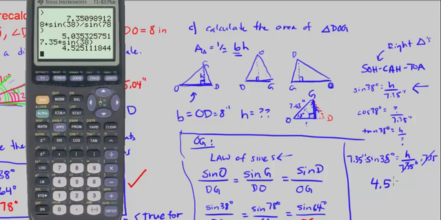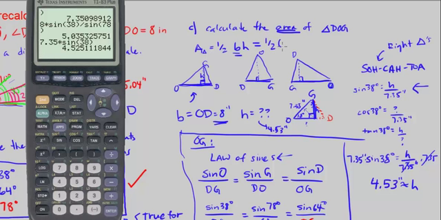So that 5 rounds the 2 to a 3, so 4.53 is our approximate value for H. Okay, so we have H, but we're not done yet. We're trying to calculate the area. So we know that our base is 8, and our height we found is 4.53. So let's put it into our area formula.